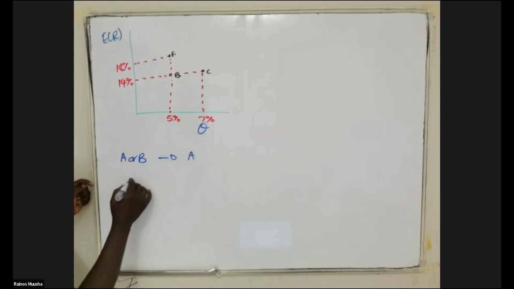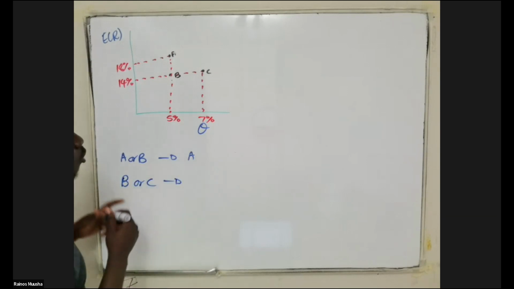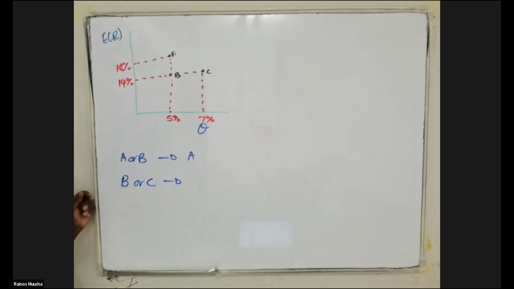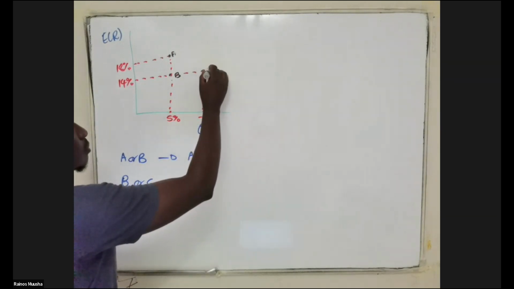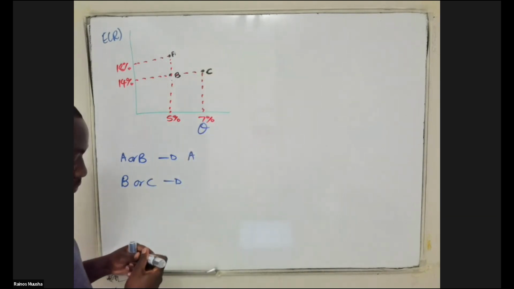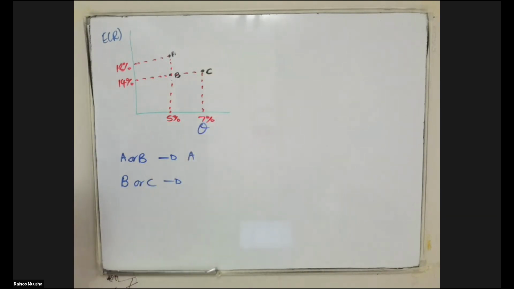And if you're asked to choose between asset B or C, which of the two would you choose, and why?